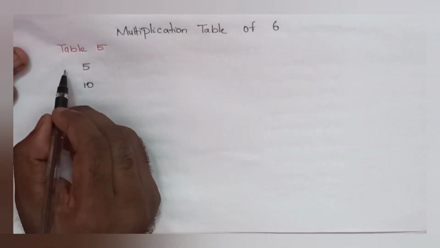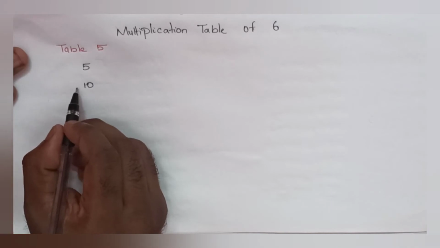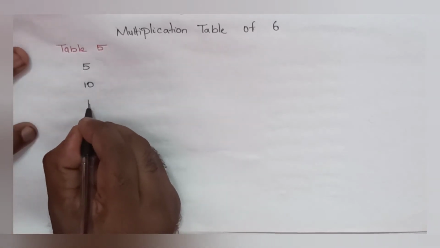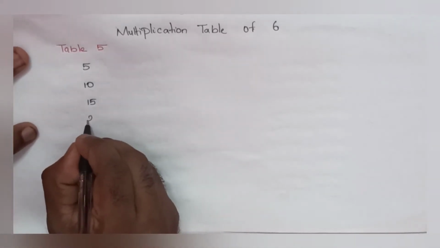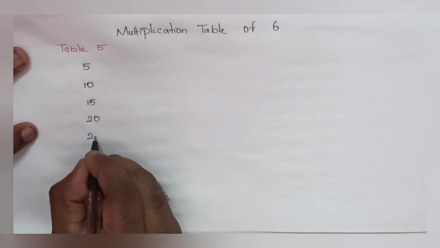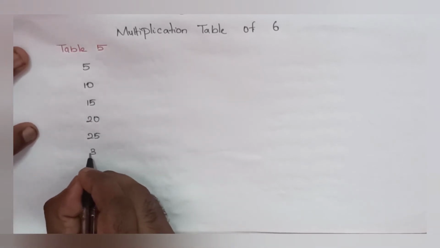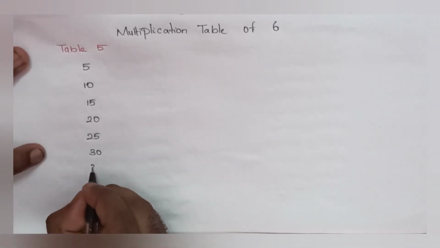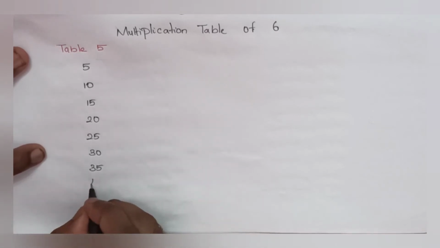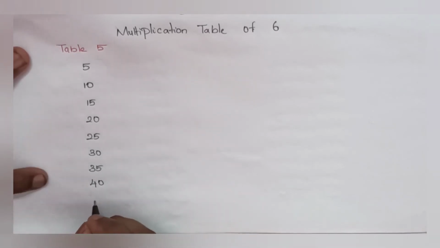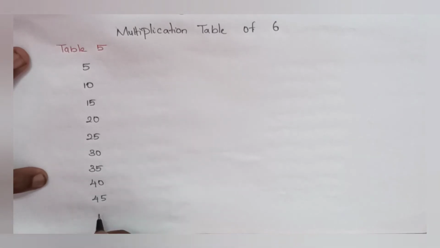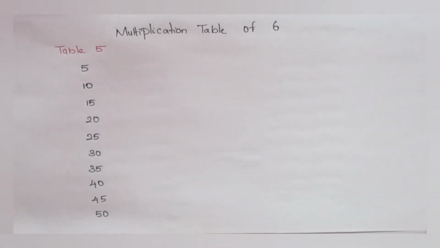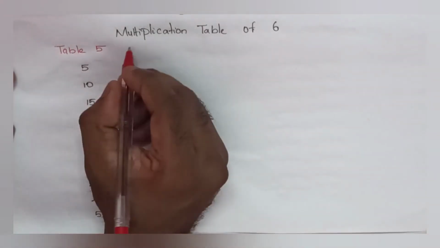Table 5. 5 ones are 5, 5 twos are 10, 5 threes are 15, 5 fours are 20, 5 fives are 25, 5 sixes are 30, 5 sevens are 35, 5 eights are 40, 5 nines are 45, 5 tens are 50.